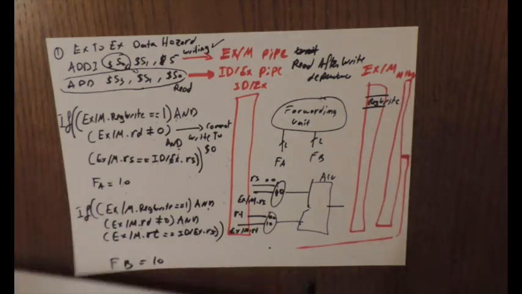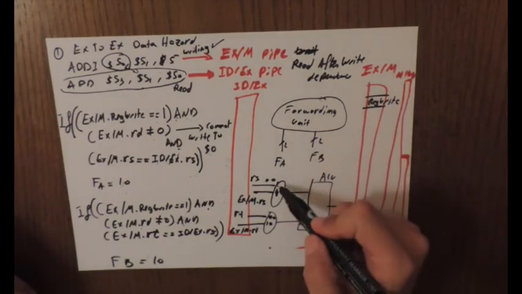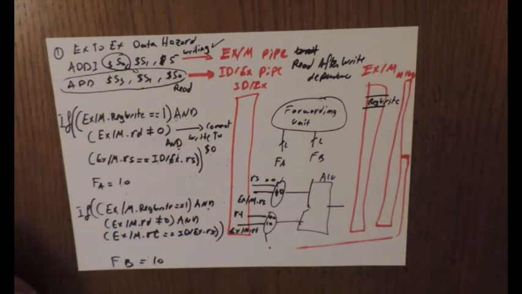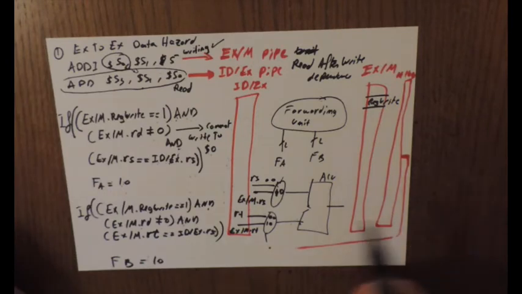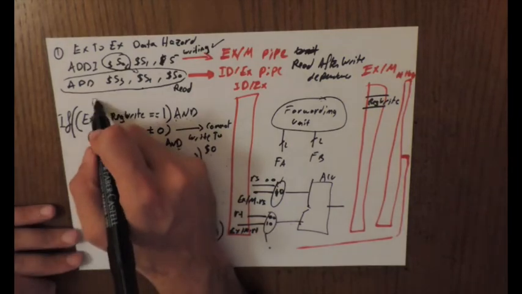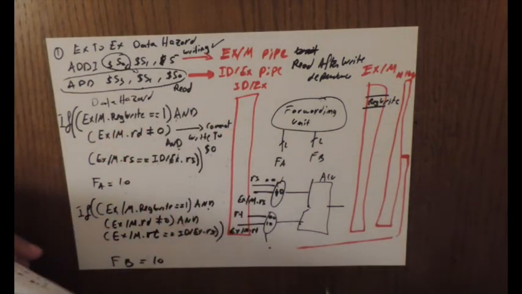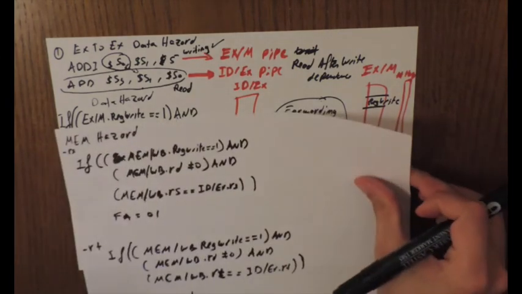So these are the inputs for the forwarding unit, and the output is FA and FB, which is controlling these two multiplexers. So given that we have written down the conditions for the forwarding based on a data hazard or a memory hazard as shown in this case.